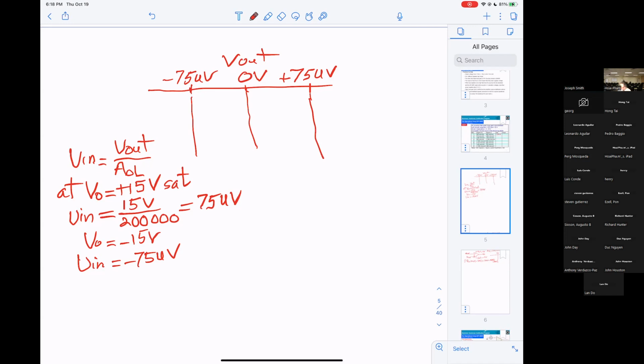Now when you're doing the calculation, if V out is higher than 75 microvolts, then what does V out equal? This is a plus saturation, 15 volts.